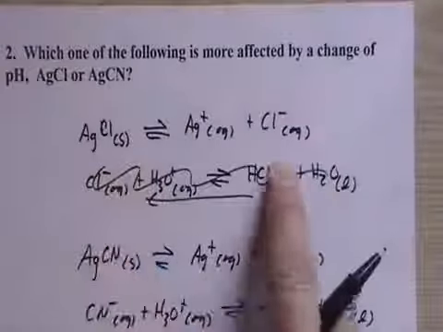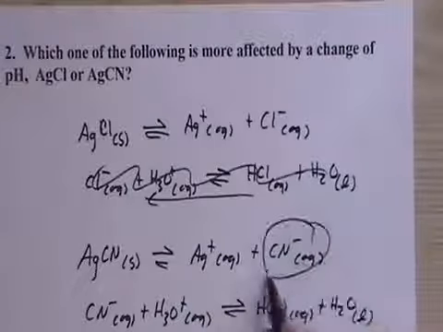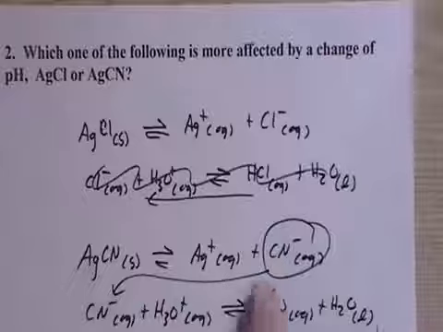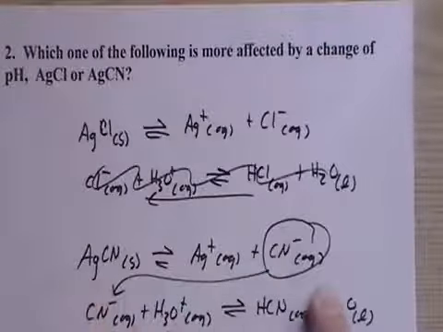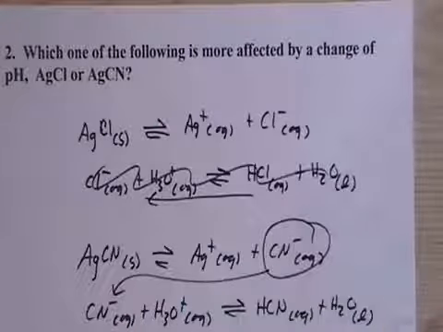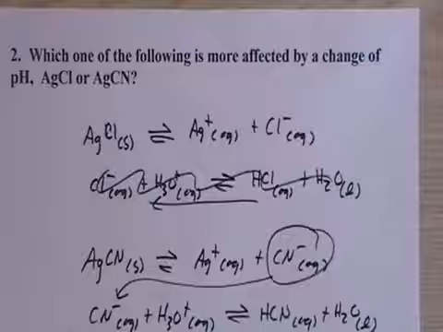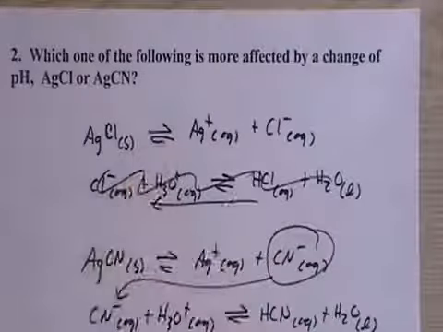Here this goes forward, and that's it. But here, this second reaction will take away some of the CN minus and push the reaction forward. If you're getting rid of this ion, turning it into something else, then this reaction has to go forward, which means this will dissolve a little bit more. It won't dissolve as much as a carbonate. The carbonate will dissolve completely if there's enough acid, but this will be pushed forward further than this.